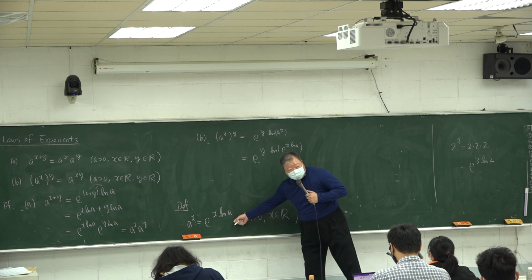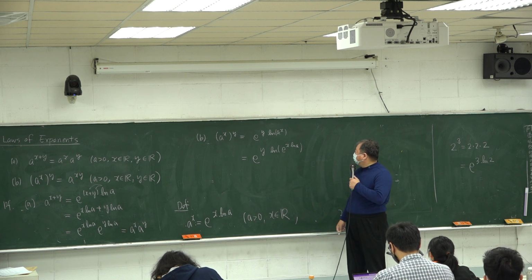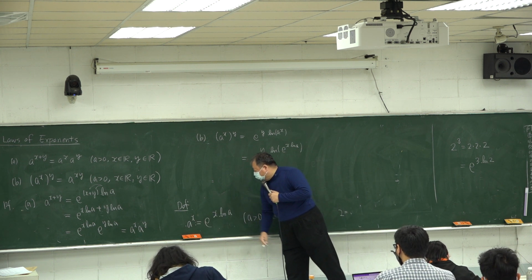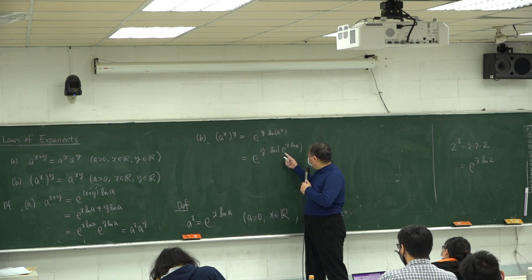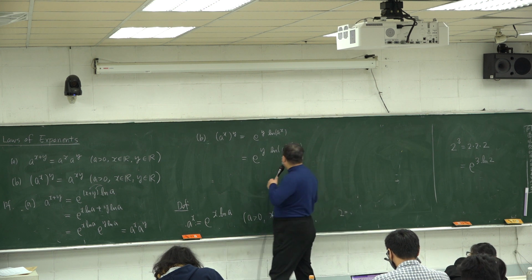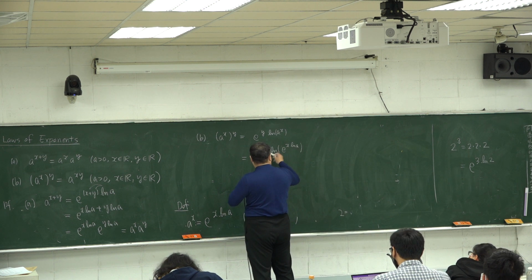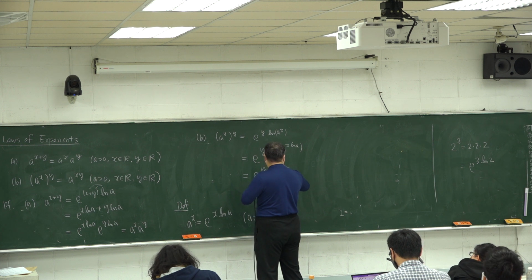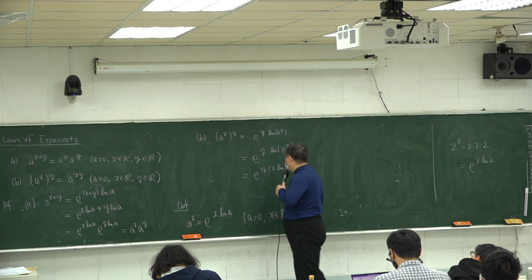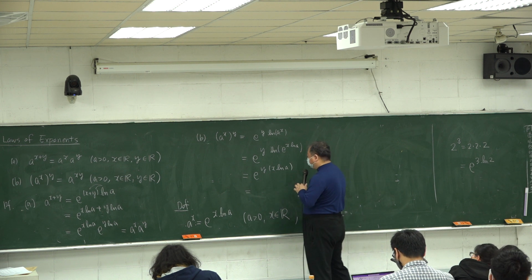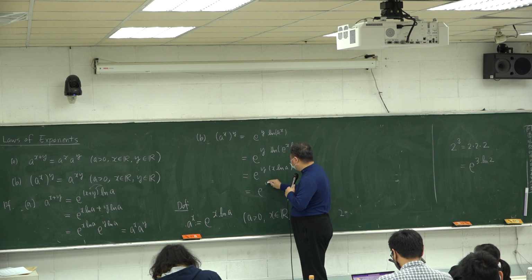Here, a to the x to the y equals e to the x times ln of a. Okay, cancelled. Use the associative law of the operation, multiplication.